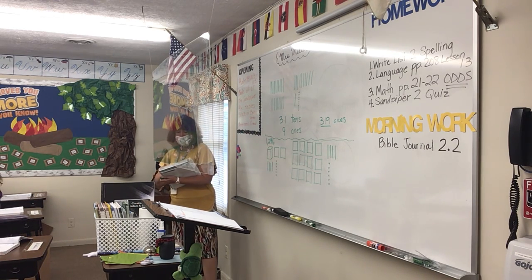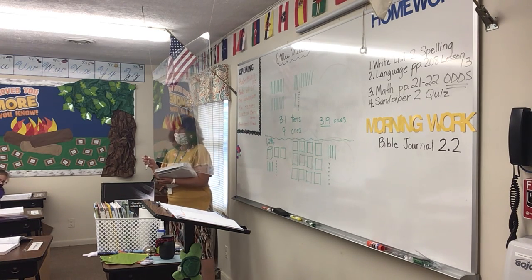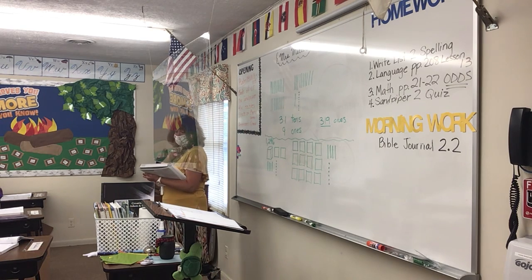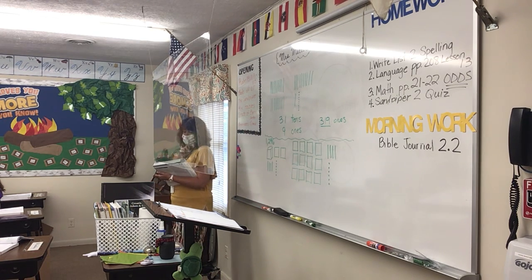It says rename one more time without drawing pictures. Write the answer. So how many tens would we draw if we were going to draw tens? Okay, so for every 1,000, there's 10 tens, right?